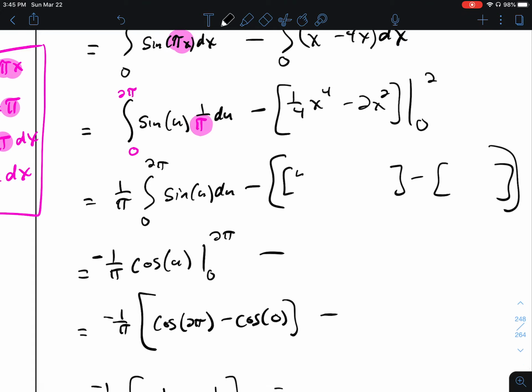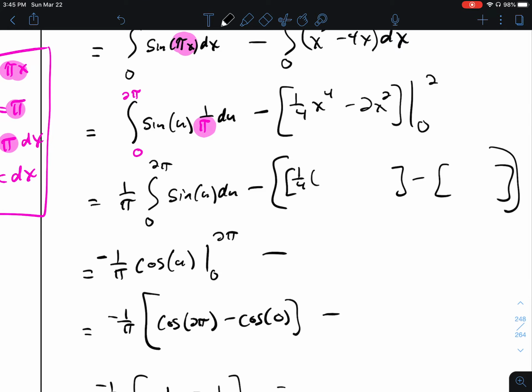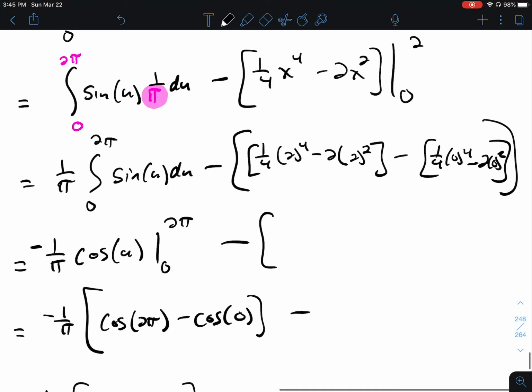Going to have 1/4 times 2 to the 4th minus 2 times 2 squared. This other one's going to end up being 0, because we've got 1/4 times 0 to the 4th minus 2 times 0 squared. So for this first one, 2 to the 4th: 2 times 2 is 4, times 2 is 8, times 2 is 16. So we have 1/4 of 16.